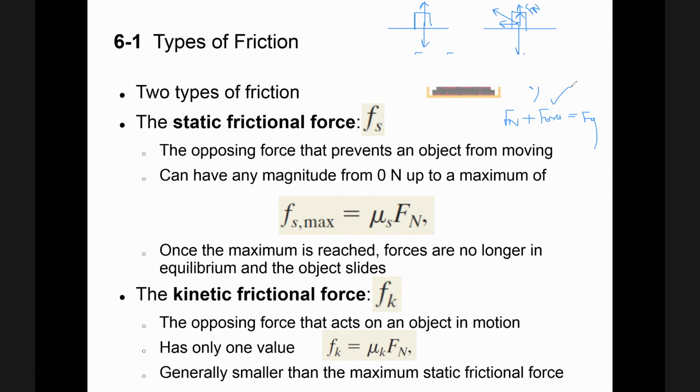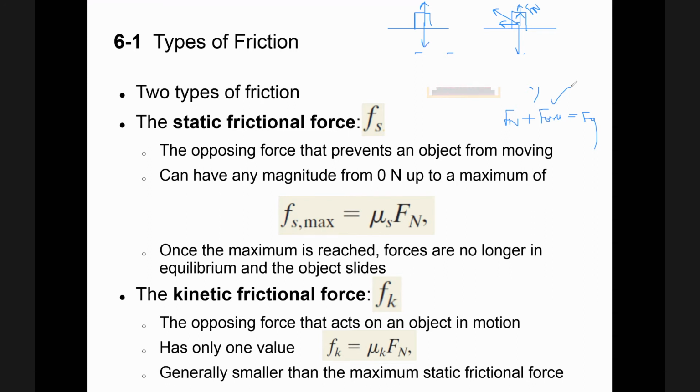You agree with me? So Fn is not always Fn equals mg. This is one of the most common mistakes students make. They assume Fn equals mg, or on an incline, mg cosine theta. That is not correct. If you add a force to the question with an angle, Fn will become different. You need to analyze into components and see.